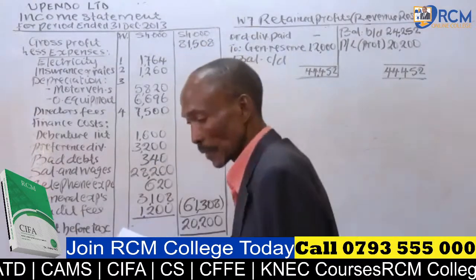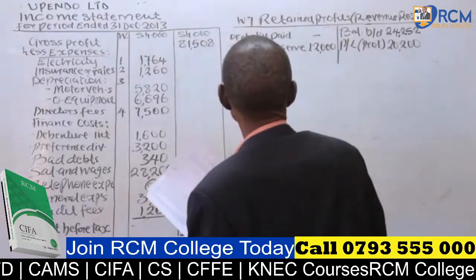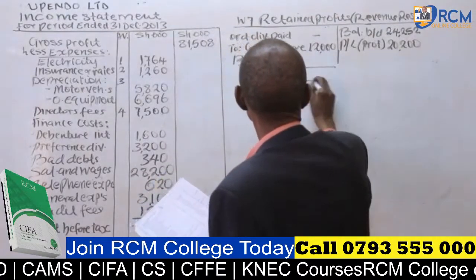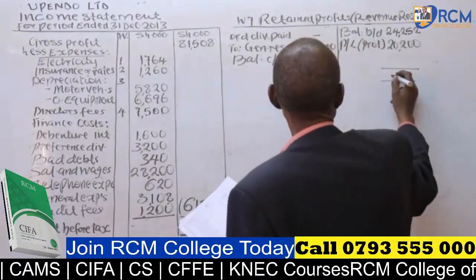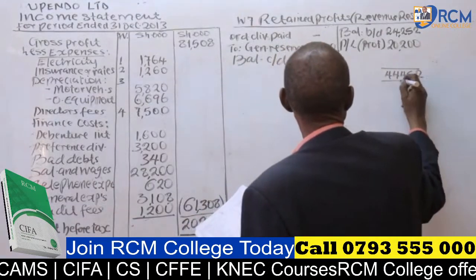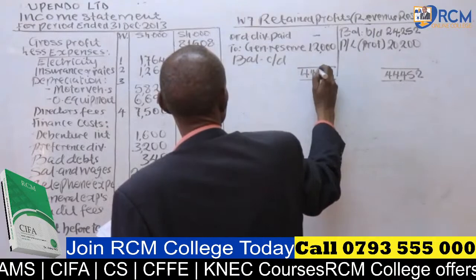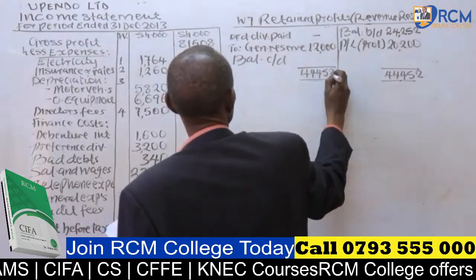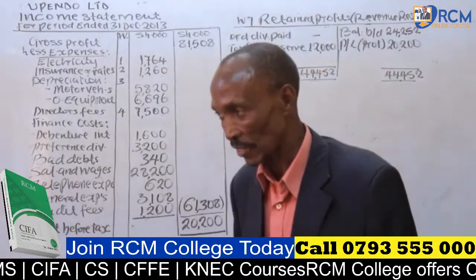So the balance, I beg your pardon, this is 44,452. Now the balancing figure is the retained earnings.